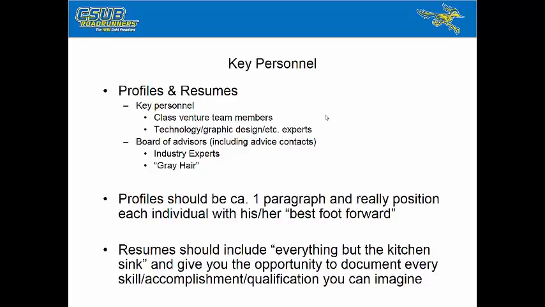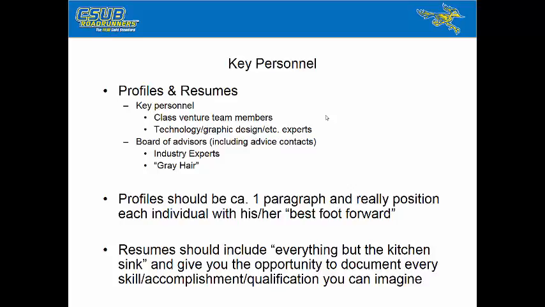It's not actually literally important that you have people with gray hair in your team, but most of the people in this class are in their 20s or 30s. You want to have people who are in their 40s, 50s, 60s, who have had a full career's worth of experience, have a full career's worth of contacts that are advising you in your venture.